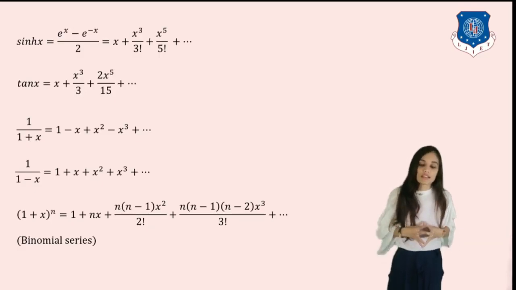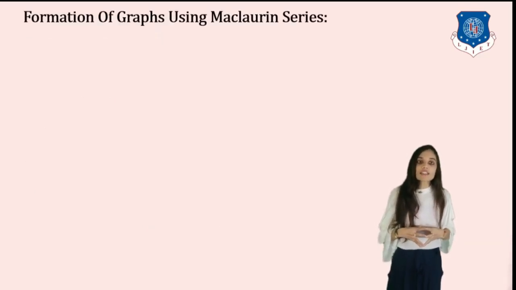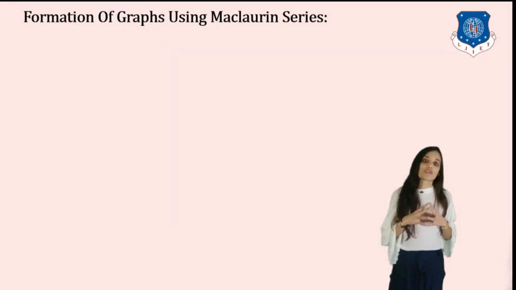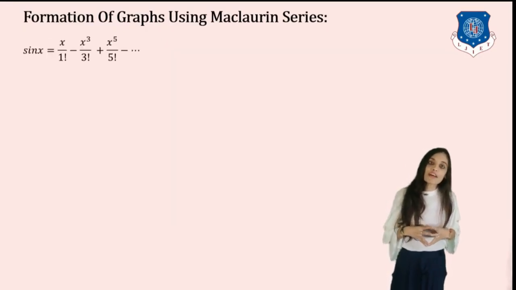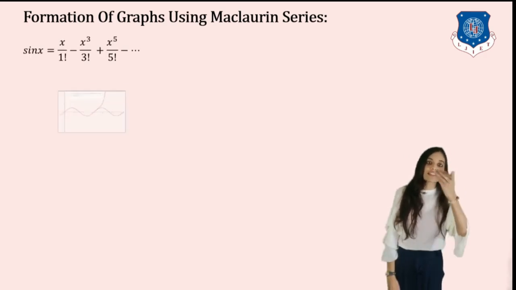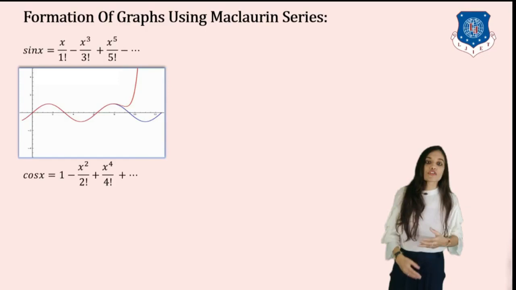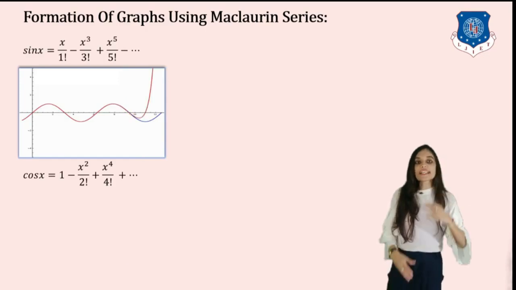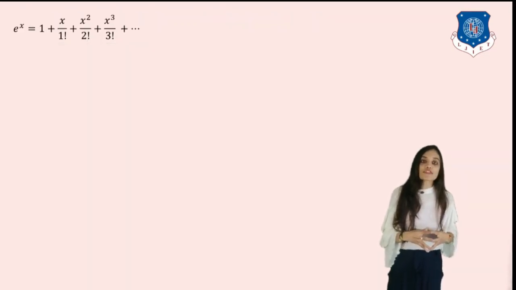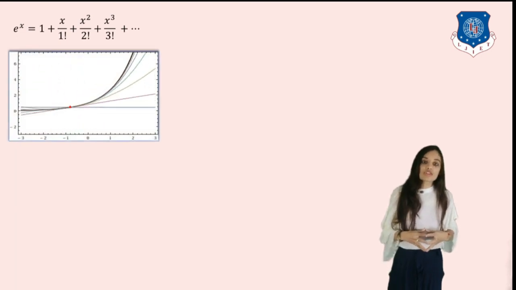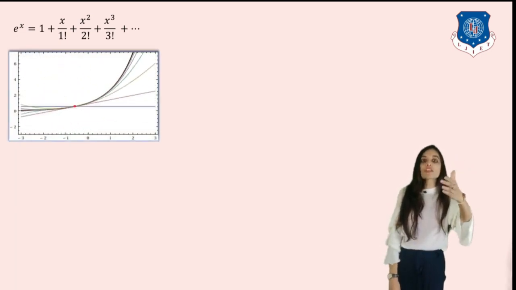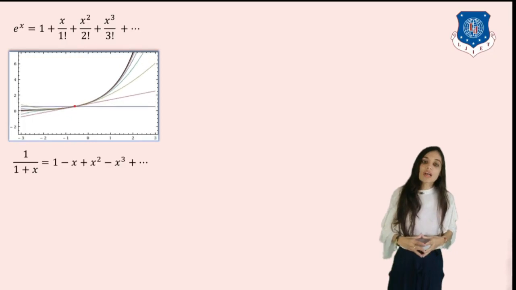Now let us see the formation of graphs using Maclaurin series. The first graph formed using Maclaurin series is of sin x, you can have a glance at it. Next is cos x. Next graph is of e raised to x, which is formed using our Maclaurin series.